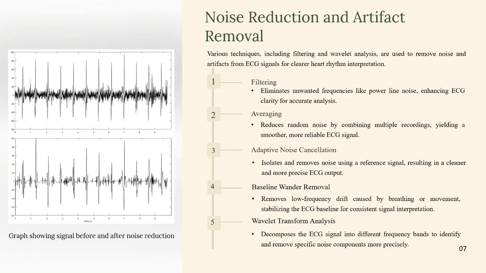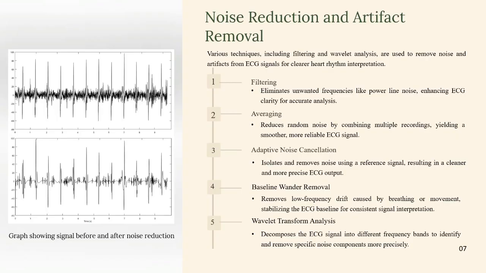In averaging, we combine multiple recordings to reduce noise, so that we can get a smoother and more reliable ECG signal. Then there is adaptive noise cancellation, which isolates and removes the noise using a reference signal. And then baseline wander removal, which removes low frequency drifts caused by breathing or movement during the ECG measurement.